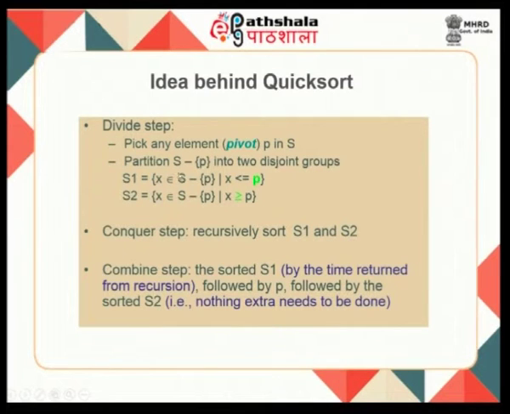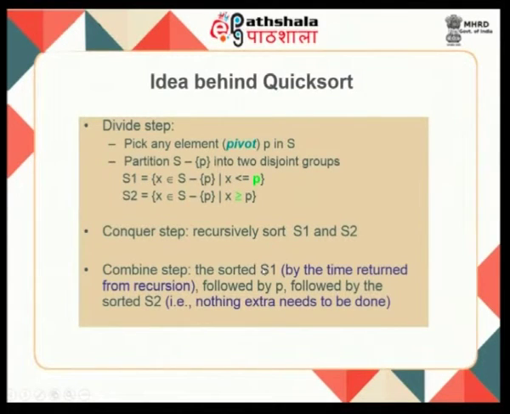So, in the division step, unlike in merge sort where the division is carried out in an even manner, in quicksort the division is carried out using the pivotal element like this. Once we have the division, we can conquer by repeatedly sorting S1 and S2 using the same concept, and once this is over, we can combine everything.